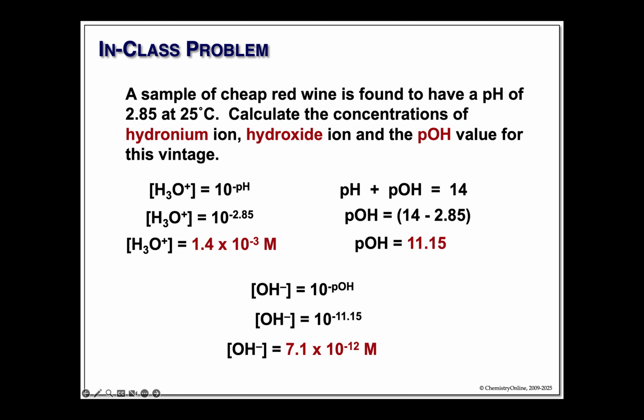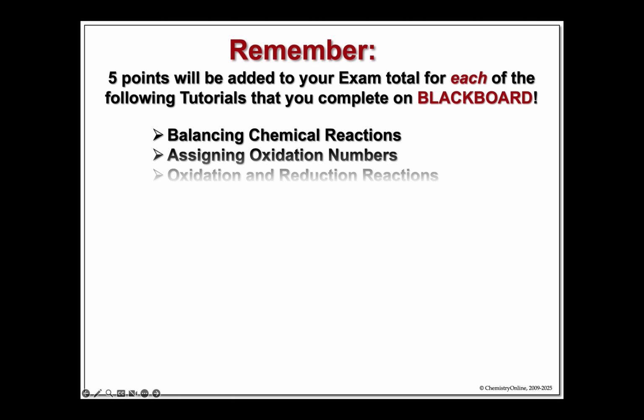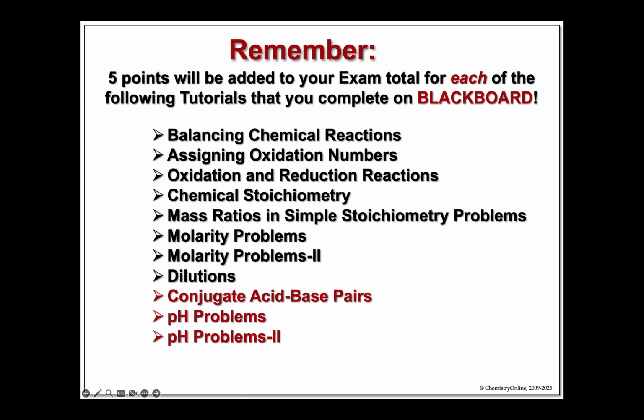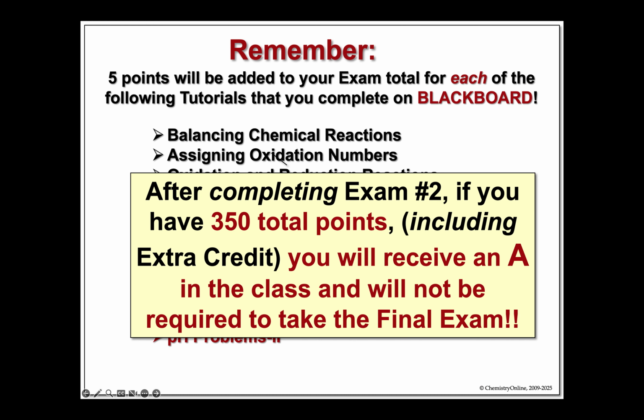All right, that is chapter 8 and everything you ever wanted to know about pH. Here's our tutorial list. We've added 3 today, pH 1, pH 2, and conjugate acids. Remember, we're after 350.